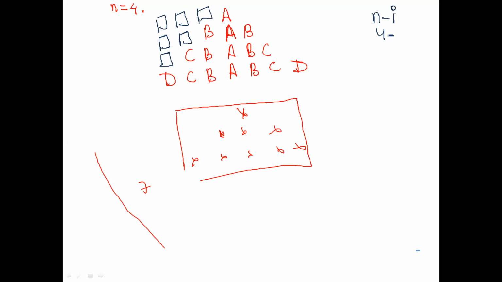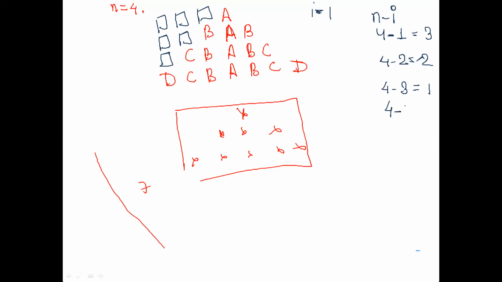Initially the i value is 1 as I have taken the loop. When i is 1, with 4 total rows, the loop will run 3 times, so 3 spaces will be printed. When i is 2, 4 minus 2, so 2 spaces will be printed. When i is 3, 4 minus 3, 1 space will be printed.